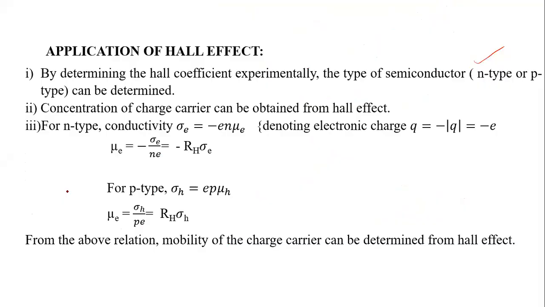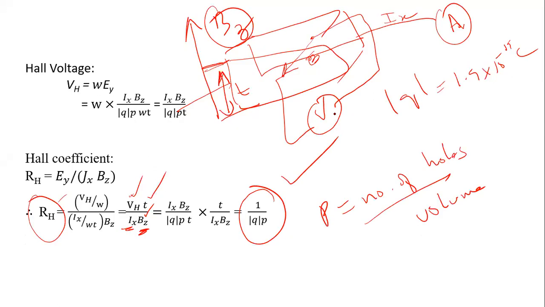All right. Now, you can also determine the concentration of charge carriers. If it is a p-type, once you know your Hall coefficient value, and you know the electronic charge, which is a constant, P is the concentration of charge carriers, how many majority holes are available in the p-type semiconductor, you can determine.